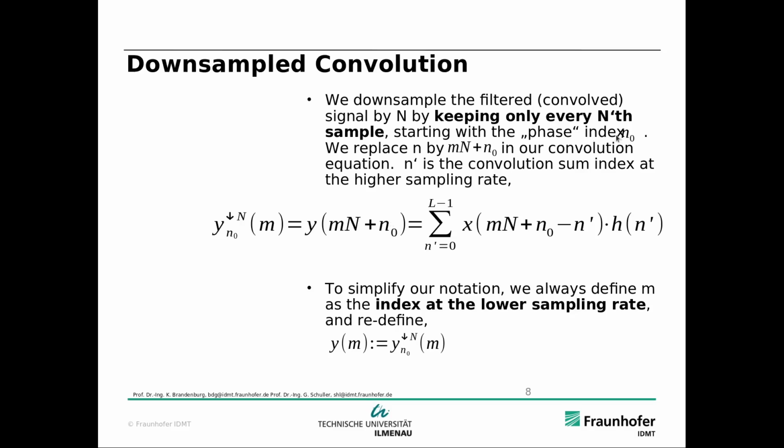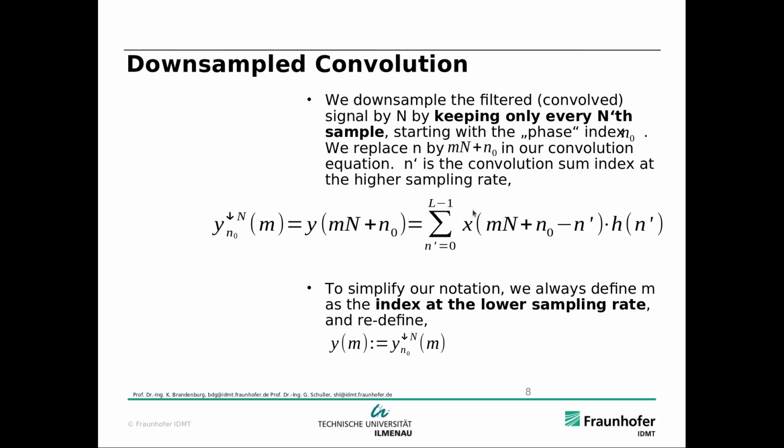So we have this phase index n naught, and we replace the lowercase n at the higher sampling rate by mN plus this n naught in our convolution equation. Here, this is now the new argument, and we use this notation for it, y down arrow capital N and subscript n naught. This is the phase. This is basically the first index where we start to keep the samples, and then every Nth sample we keep.